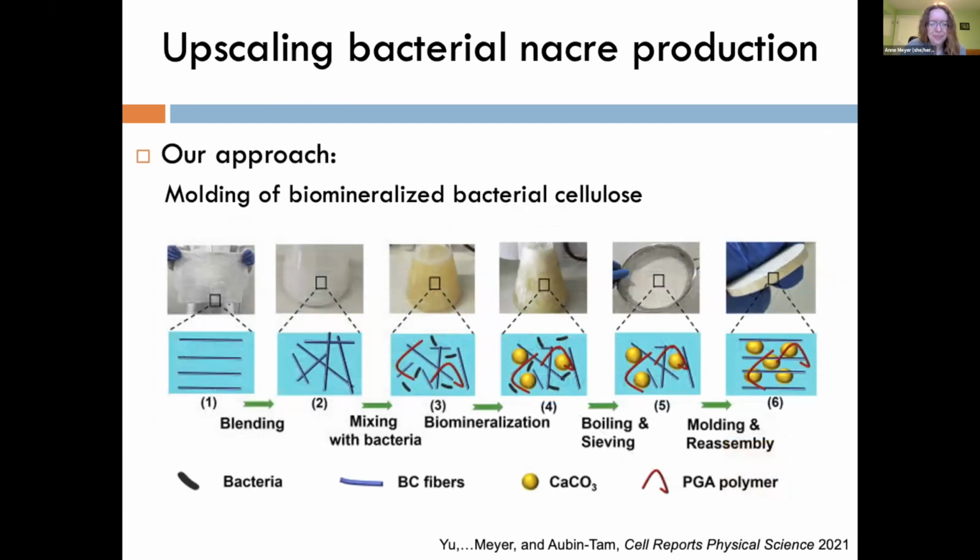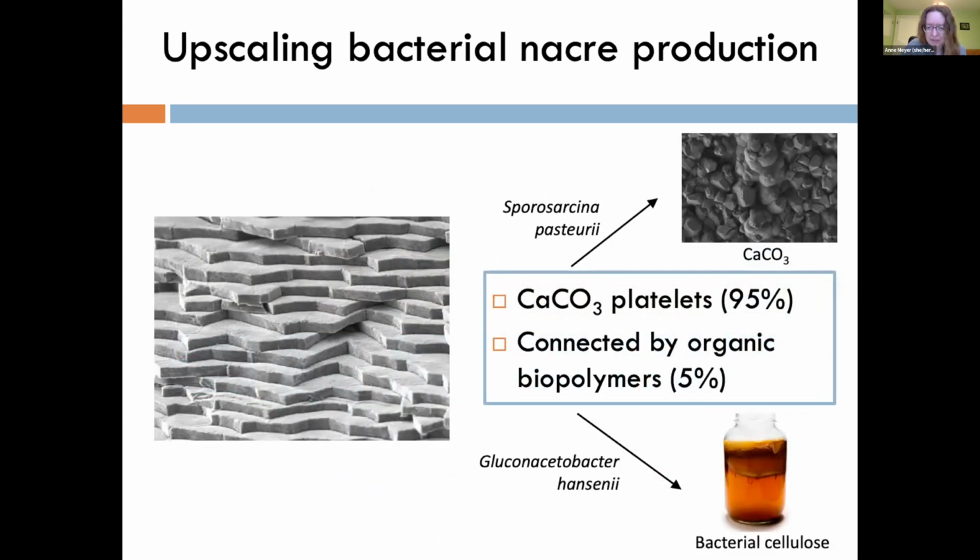All right, so what's our overall approach? Let me just talk briefly about what this bacteria is like. I don't know if any of you ever drink kombucha, but kombucha is a living beverage, if you want to call it that. Some of the living components of kombucha are bacteria that make bacterial cellulose.